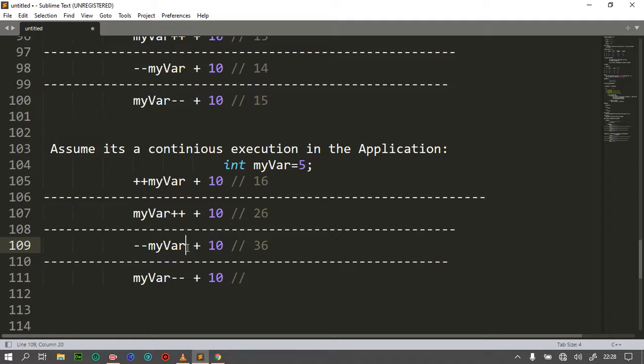So 36 as myVar enters line 111. Then we meet a postfix decrement, which means it will take effect in the next round of execution. So it will be 36 plus 10. Definitely this is going to be 46.